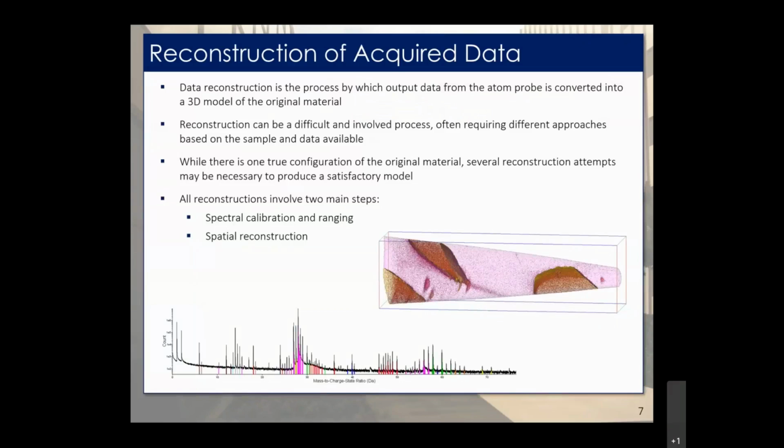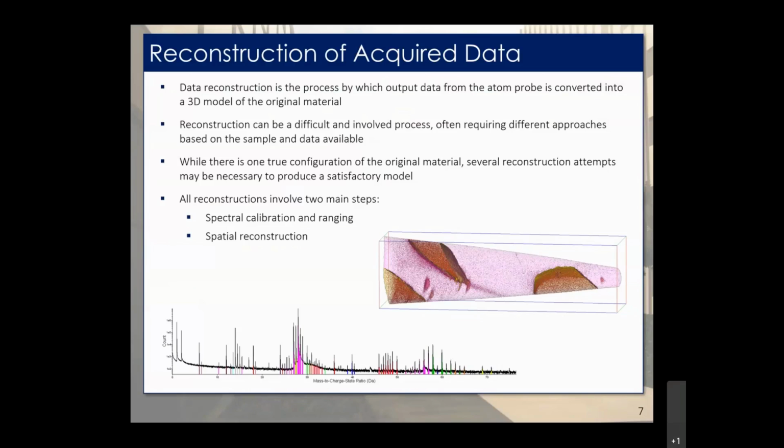As I mentioned, data reconstruction is the process by which we take the output data from the atom probe and convert it into the 3D model that as best as we can represents the original material. Sometimes atom probe reconstruction can be fairly straightforward, and using the commercial software can be done quite easily. But I don't want anyone to underestimate this. Reconstruction can also be a very difficult and quite involved process, often requiring different approaches based on your sample, how it evaporated, as well as what other types of information you might have available.